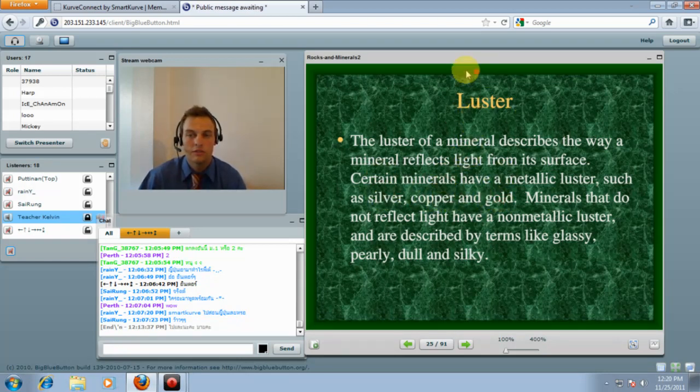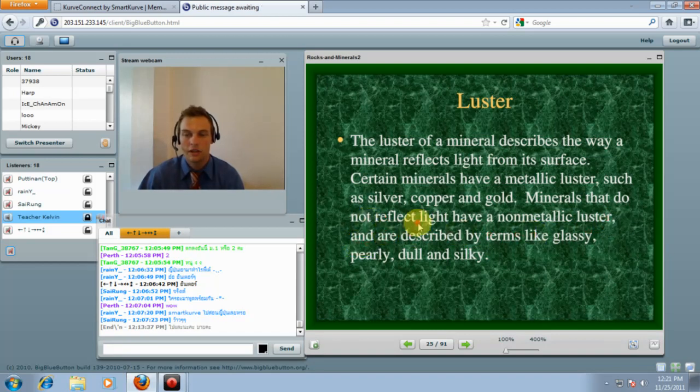In the past, minerals with a lot of metallic luster were considered more valuable, which is why we have gold and platinum and silver and all this. They're more valuable because before we knew any of this geology stuff, people just looked at it and they liked it for some reason. People like things that are shiny.